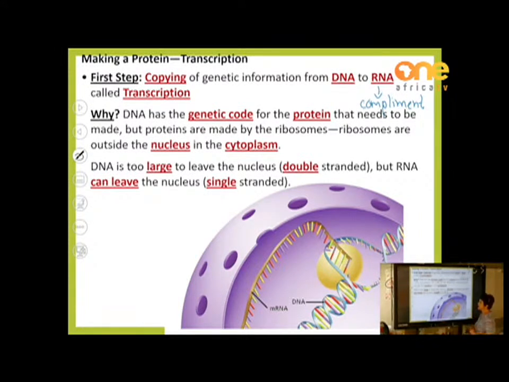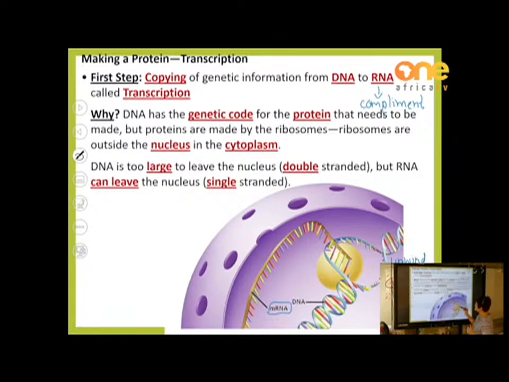So therefore, what needs to happen is the DNA needs to unwind, unzip, and to unzip it needs breaking the hydrogen bonds between the nitrogen bases. Now the messenger RNA will come and make a copy.